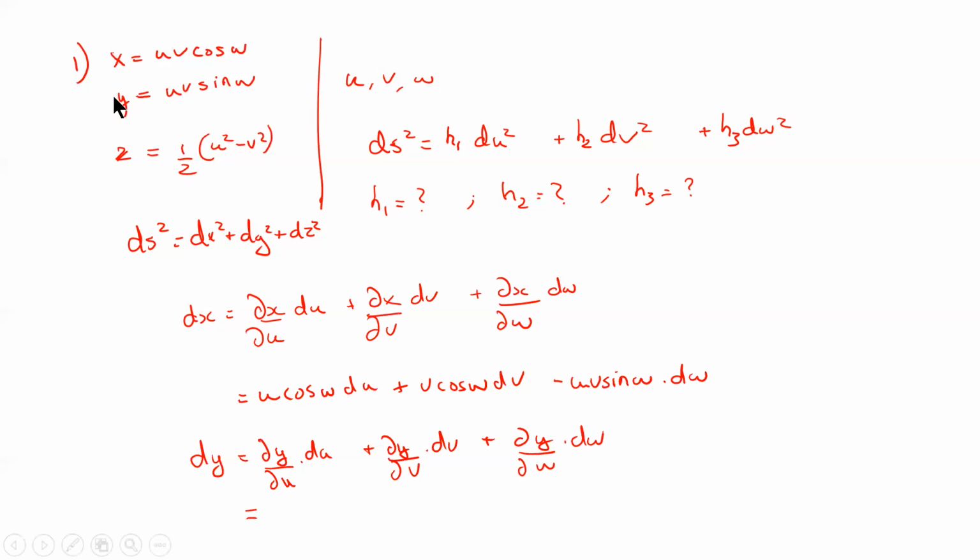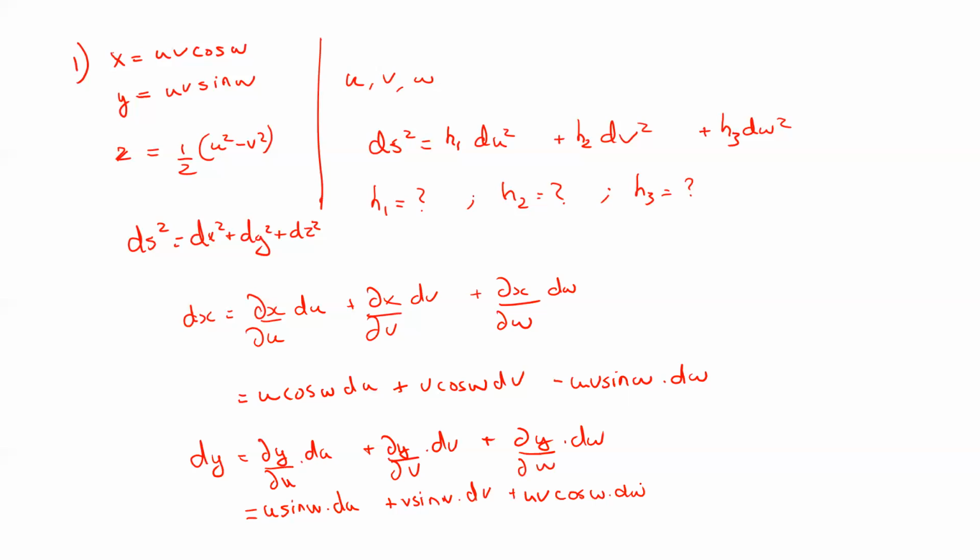This function we partially differentiate with respect to u, which is nothing but v sin w du, plus u sin w dv, and then again partially differentiated with respect to w, that will be uv cos w dw. So that's it.